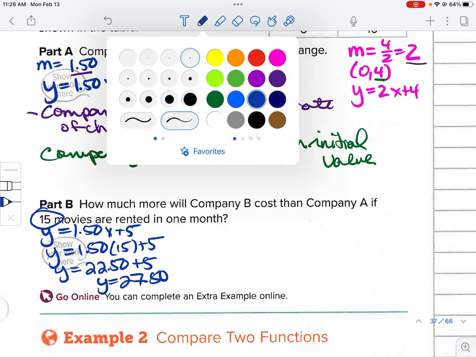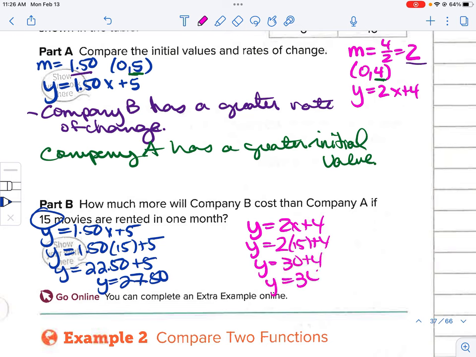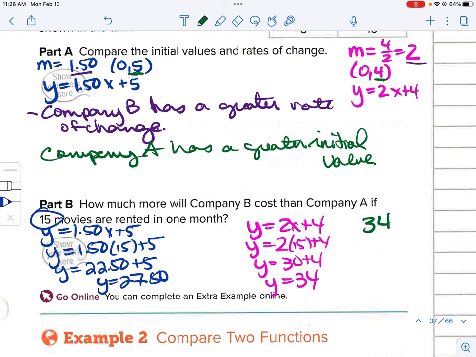Then I'm going to take company B, and we have y equals 2x plus 4. I'm going to replace x with 15. I'm going to get 30 plus 4, which is 34. So, how much more does company B cost than company A? So I take 34, I subtract $27.50. I will get $6.50.